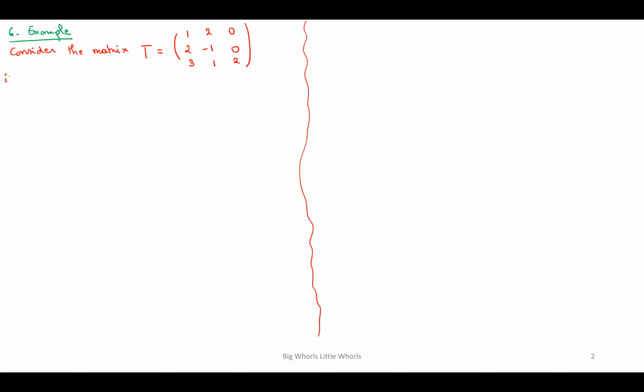So we are asked to find part A, the adjoint of T, and part B, then find the inverse of T.